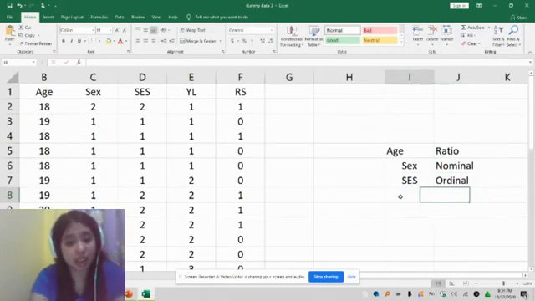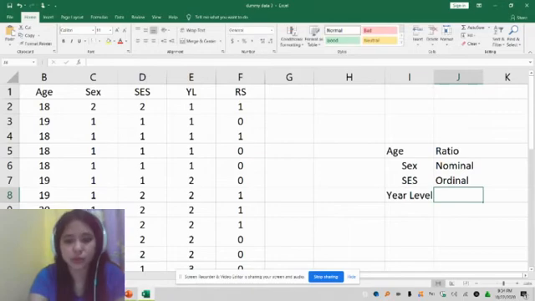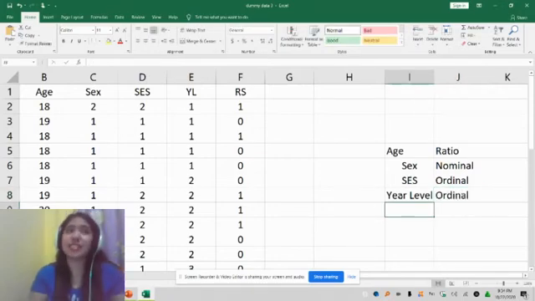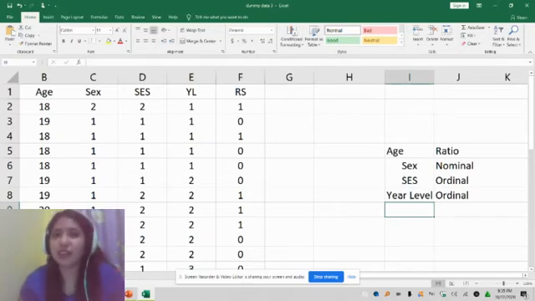And year level, so first year, second year, third year, fourth year. This is also classified as ordinal. It's like number 1, 2, 3, 4, but of course we are talking about level. First year level, second year level, third year level, and fourth year level.